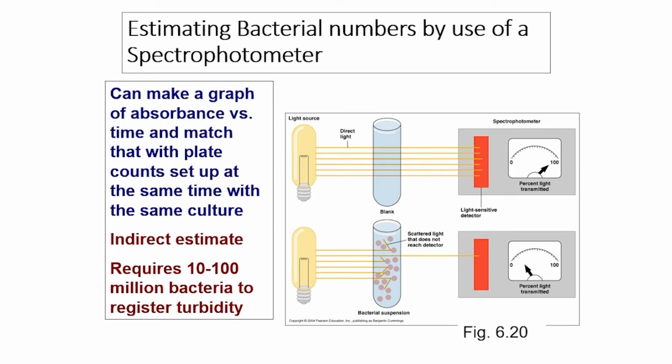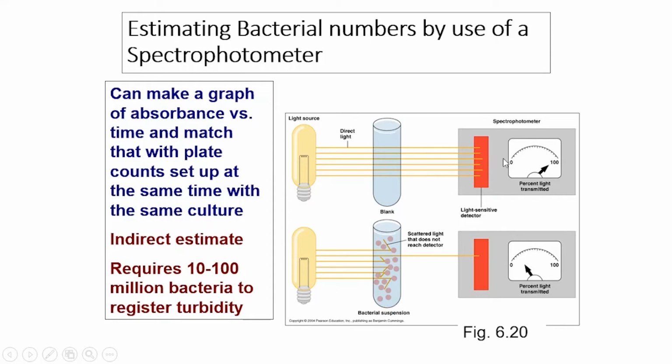Okay, so the last kind of slightly indirect method is using a spectrophotometer. This is one of the most common methods in microbiology laboratories all over the world. If you don't know what a spectrophotometer does, it's actually really easy, even though it sounds complicated. We shoot light through a sample, usually a blank, and we say, this is how much light of whatever wavelength we shot through is getting transmitted.